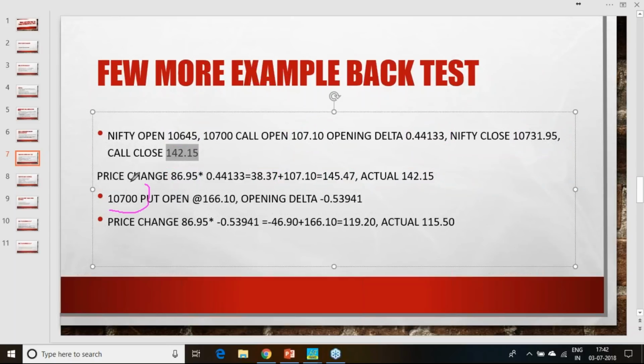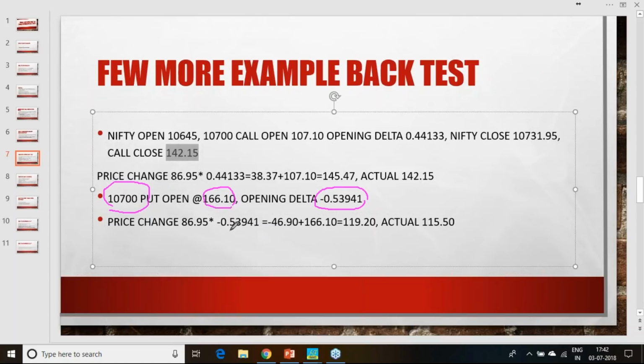In the same way I have taken the 10,700 put option. Opening was 166 rupees and 10 paisa. Delta was 0.53941. So delta is negative for the put. In the same way, the 86 point movement is multiplied with 0.53941. Once the price of the underlying asset moves up, the put option has to fall.